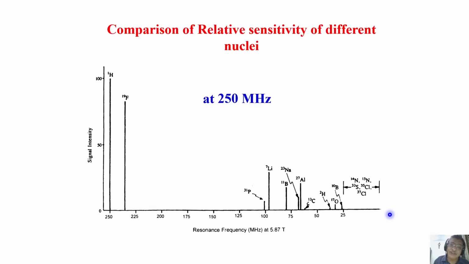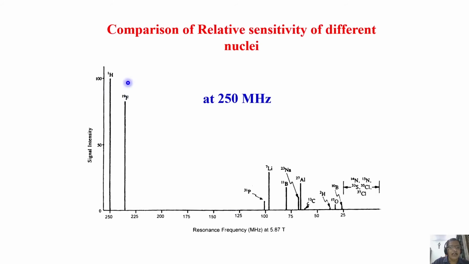Let us compare the relative sensitivity of different nuclei. Let us say at 250 megahertz, if you have to compare the relative sensitivities of all the nuclei or selected nuclei, we'll take proton as the standard, as a reference. You know, proton is highly sensitive as far as the detection is concerned compared to all other nuclei.